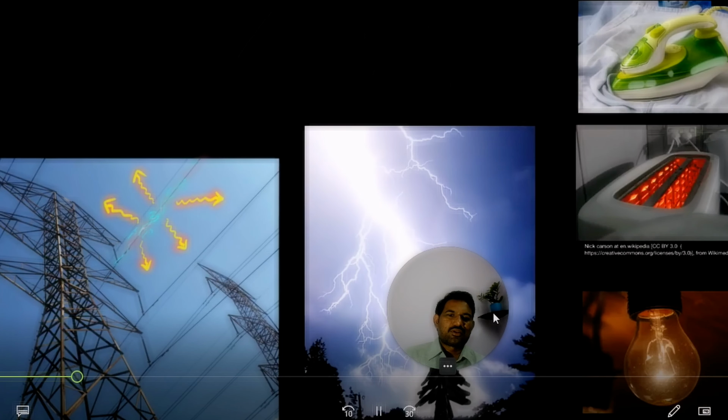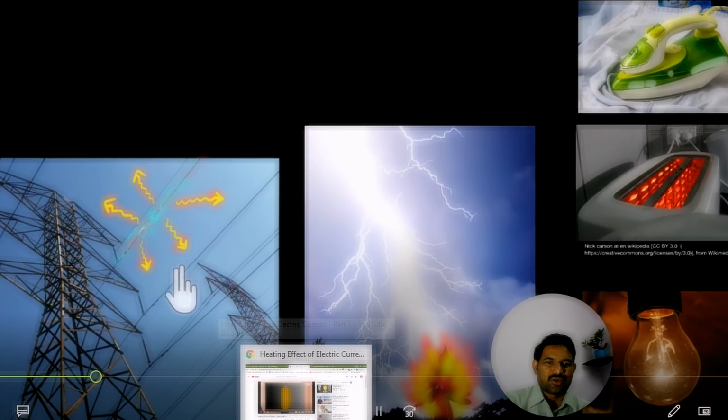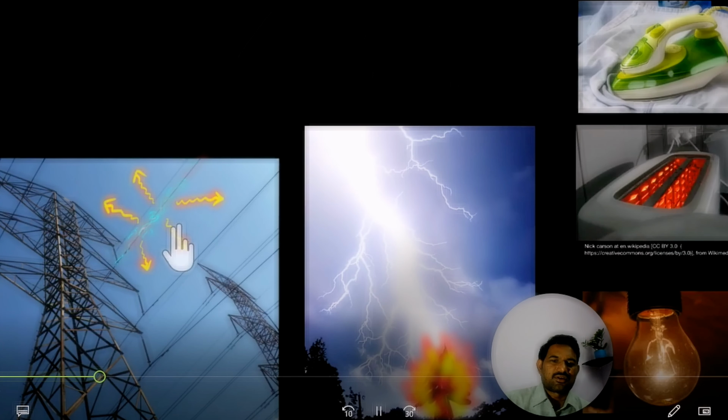Another example is lightning during a thunderstorm. If a thunderbolt appears, heat energy is produced, and sometimes you can observe that trees catch fire because of this heating effect. Those are the examples of the heating effects of current.